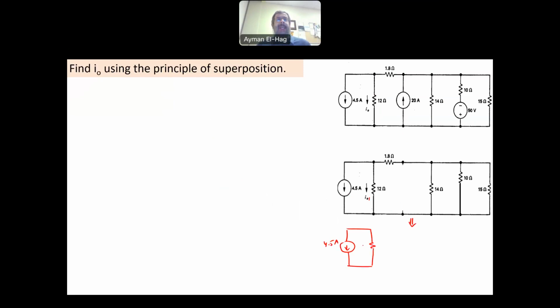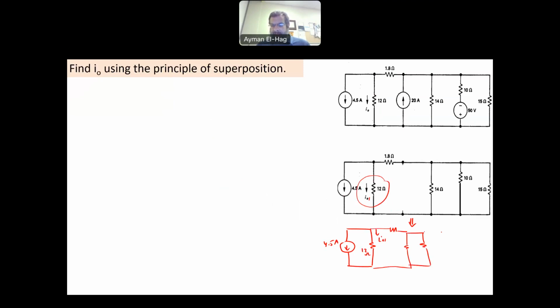Now, this is a hint: whenever you are using the principle of superposition, you can do any circuit modification you want, but don't touch the element of interest. So this is the element of interest. Do not include it in anything. Otherwise, you will lose the information required. You will lose the location of I01.